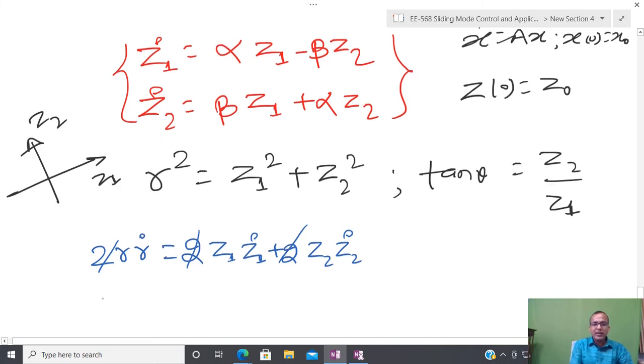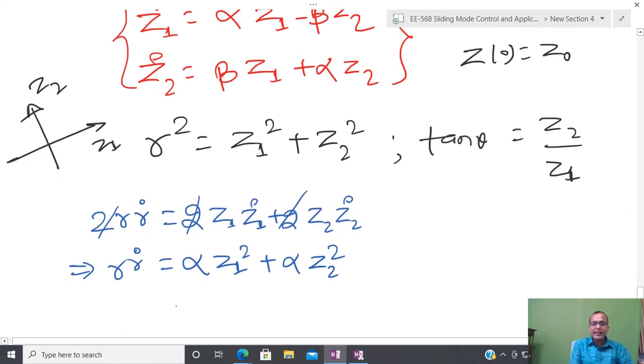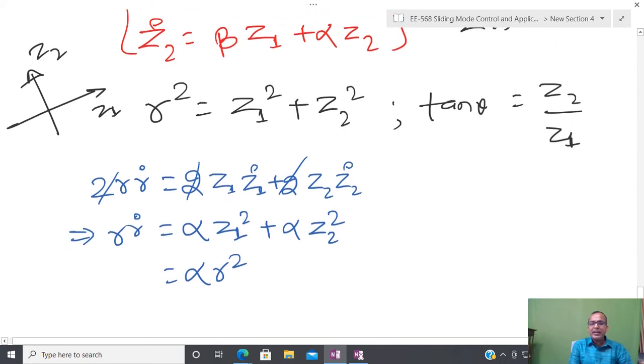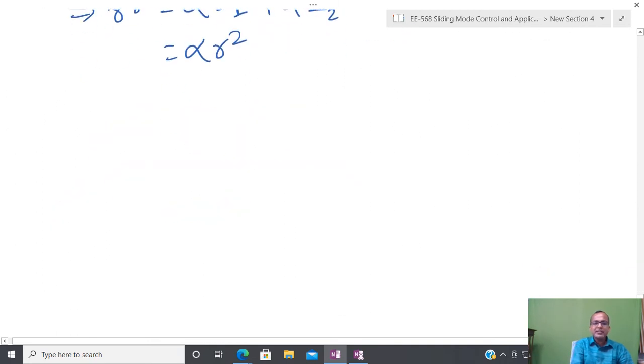So I am just going to write the result directly, that r r dot is nothing but alpha z1 square plus alpha z2 square. Please verify this calculation. Now you can see that z1 square plus z2 square we have already defined as r square. So finally r r is going to cancel out, and r dot equal to alpha r.